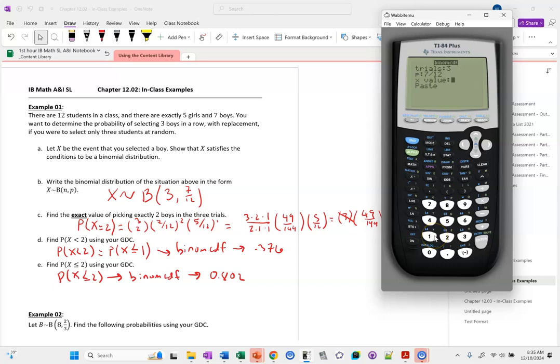We're looking for 1 there because we have less than or equal to 1. So there's this 0.376. If I do the same thing for the next one, but just change the 1 to a 2, get that. Looks pretty good. Does that feel any better, Davian? Okay. I'm picking on you because I saw your calculator out and you punch in, so.